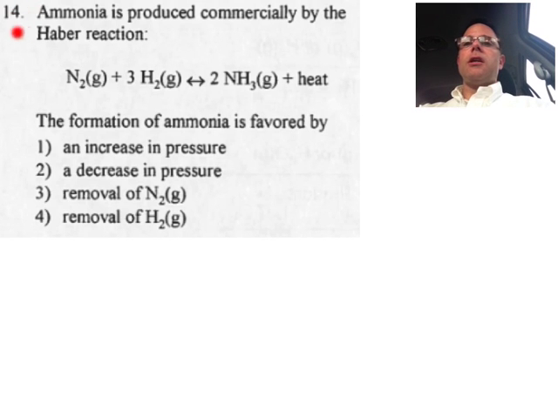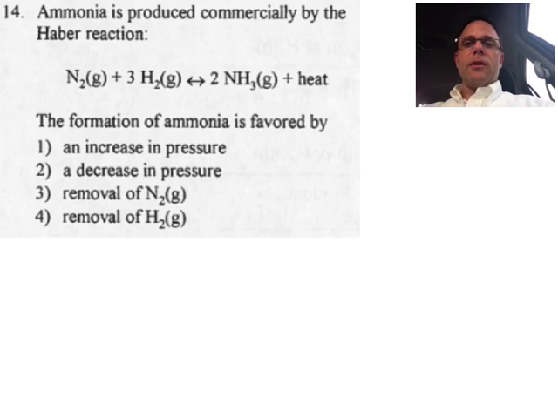Okay, 14. Ammonia is produced commercially by the Haber reaction. This is what it looks like. They have nitrogen gas as N2 combining with 3 moles of H2 gas. It's a reversible reaction, producing 2 moles of ammonia as a gas and giving off heat, an exothermic reaction. Well, if their goal is to make ammonia, they want to force the reaction to go to the right.